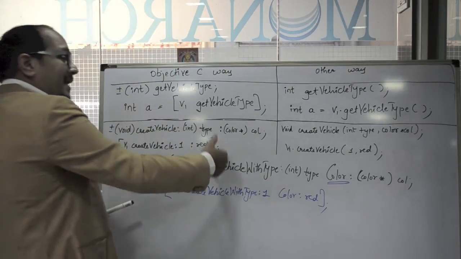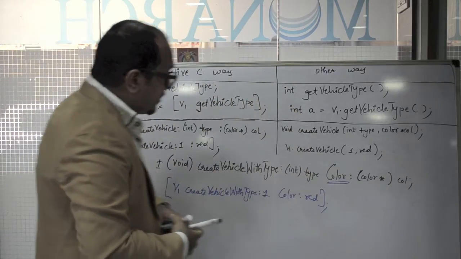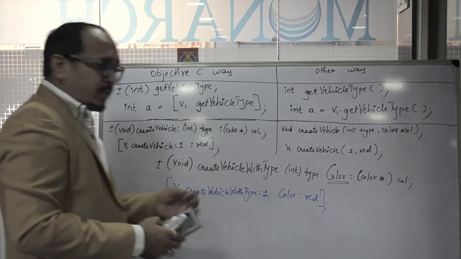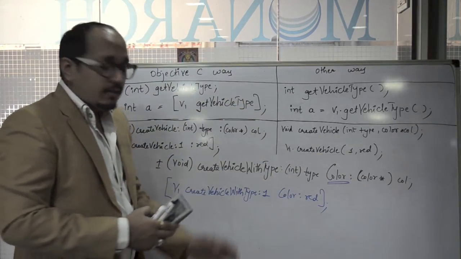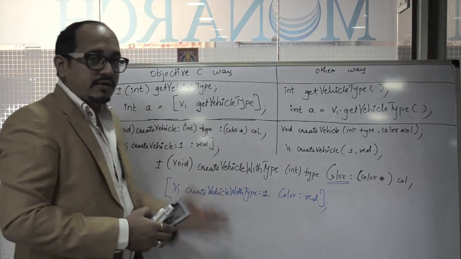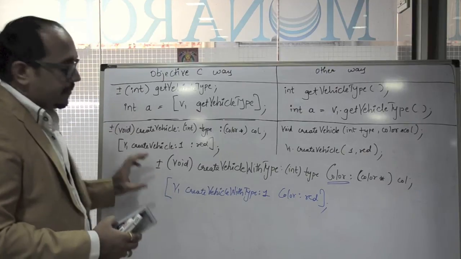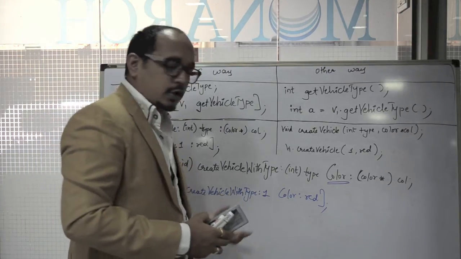You don't have to go to the declaration and see what 1 represents and what red represents. So this is the wow factor. By simply adding a label to the argument, it made reading the function call or the statement so easy. So this is called a best practice. So all the function names are nothing but a label to the argument.